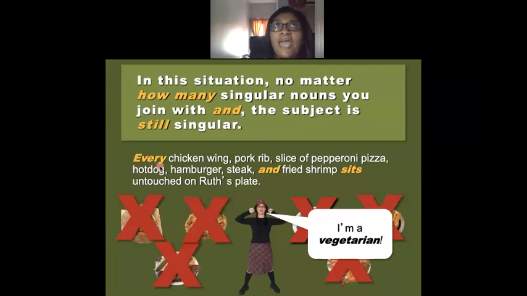Every chicken wing, pork rib, or slice of pepperoni pizza, hot dog, hamburger, steak, and fried shrimp sits untouched on Ruth's plate. Any one of these is still considered a singular subject due to the word every. So that's why you have a singular verb.